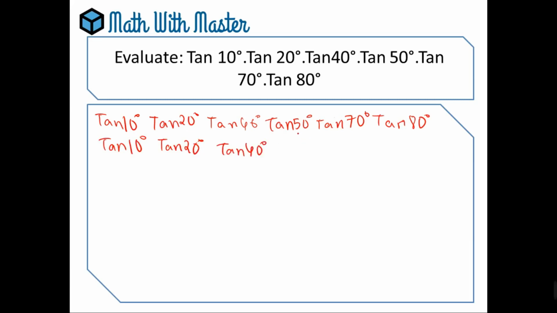Now we will change tan 50°. We can write tan 50° as tan(90° − 40°), tan 70° as tan(90° − 20°), and tan 80° as tan(90° − 10°).